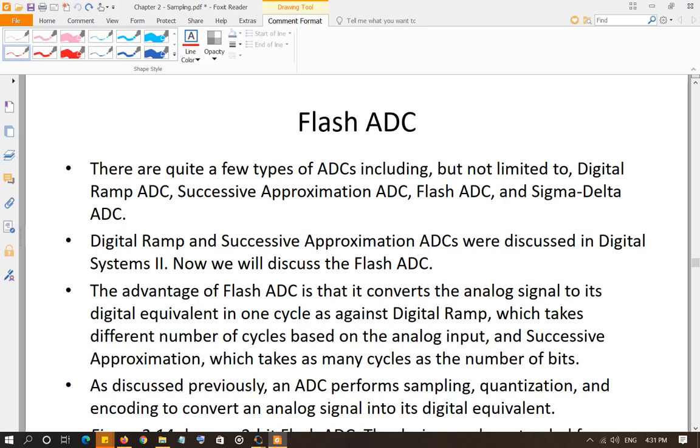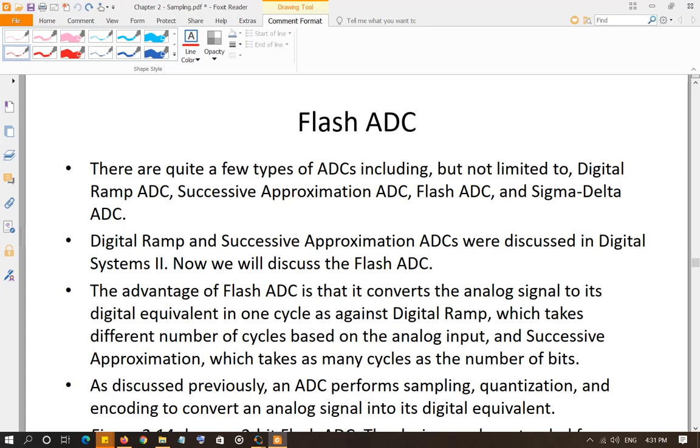To make it simple, let's say you have a 2-bit converter and your reference voltage of an ADC is 10 volt. So 2-bit means you can have 4 levels, 2 to the power 2, right? So if you divide 10 by 4 it is 2.5. So you can assign a level to any sample.